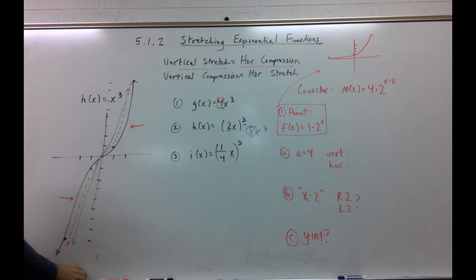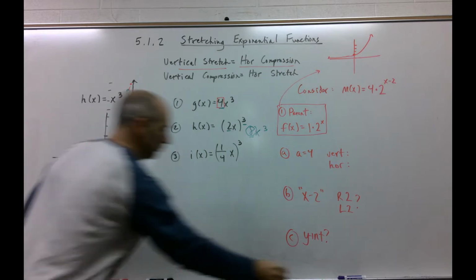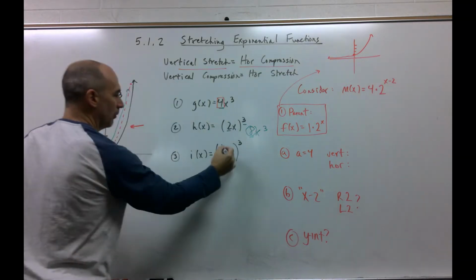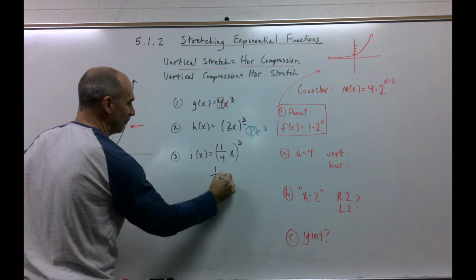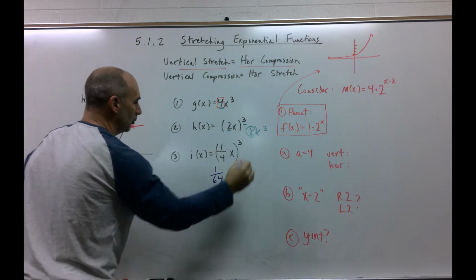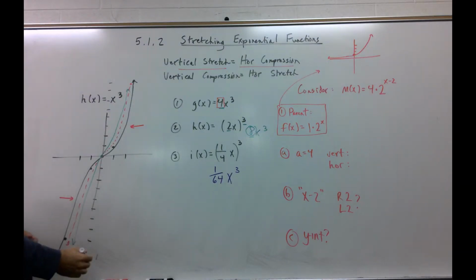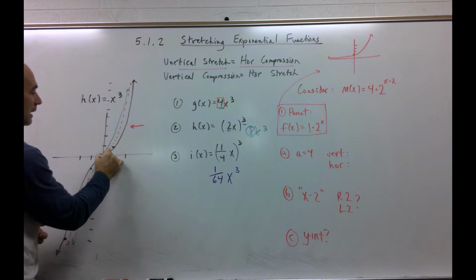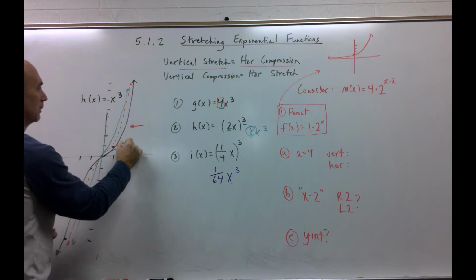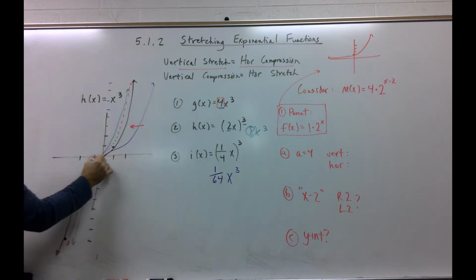Now we'll use purple. So 1/4 times 1/4 times 1/4 is actually 1/64 x cubed. Now what does that mean? It means it's going to go up a lot slower, so it's going to look like this and that.